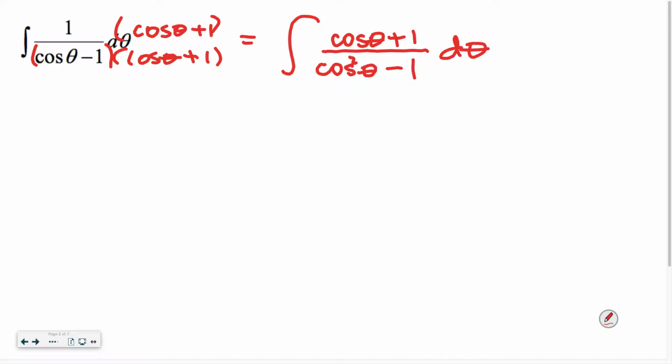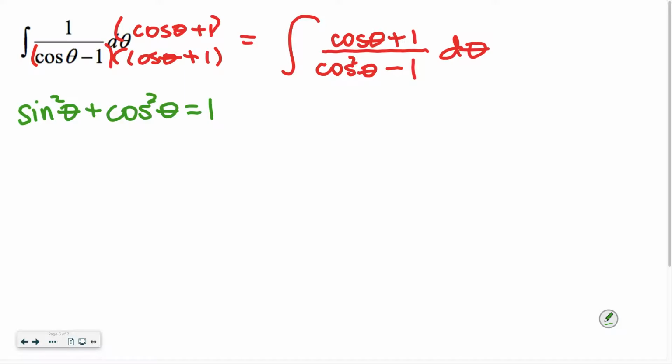Okay. Now, what was that identity you spouted off? Can't you just do u substitution at this point? Wouldn't the new denominator go to negative sine squared? What's the derivative of cosine squared? Never mind.